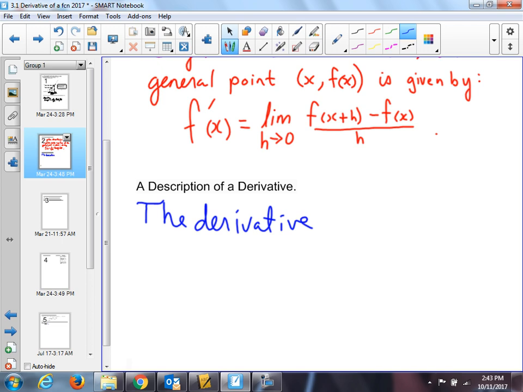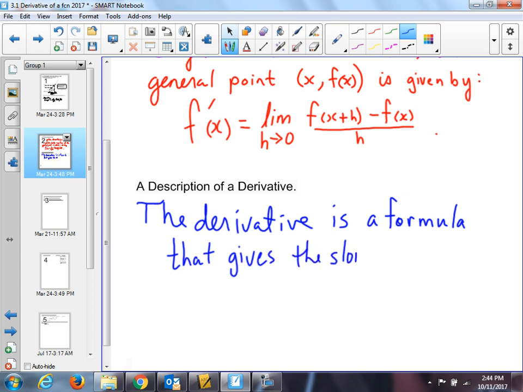The derivative is a formula that gives the slope of the tangent line to a point on a function.